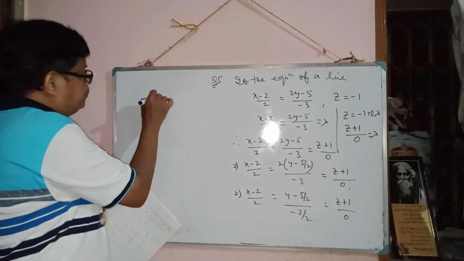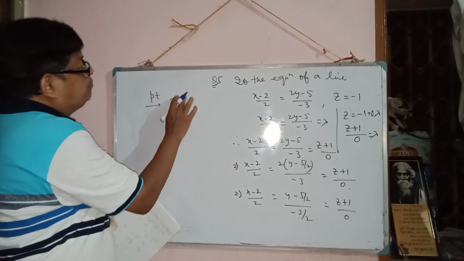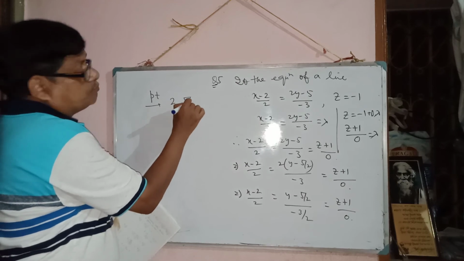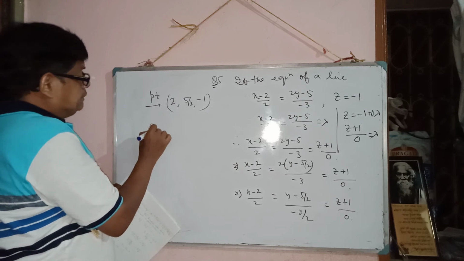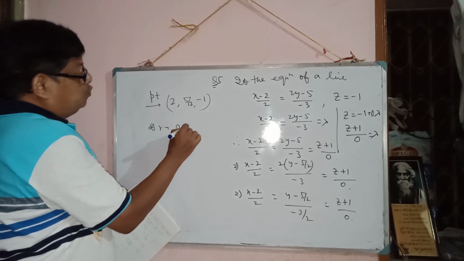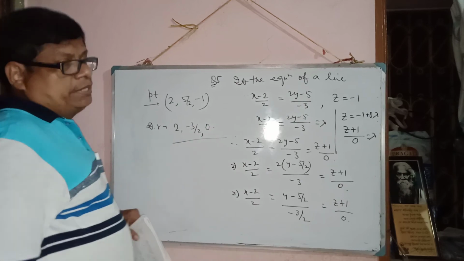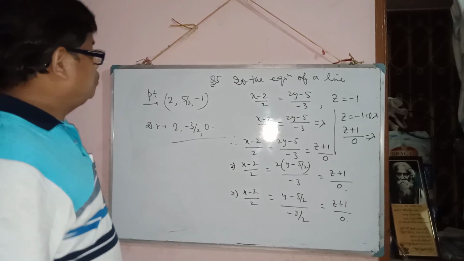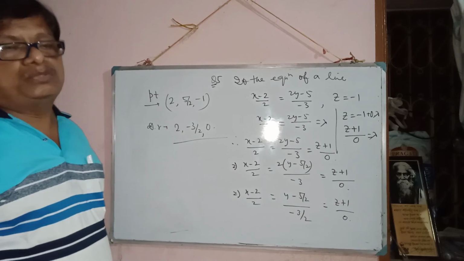So the point you have to write is 2, 5 by 2, minus 1, and the direction ratio is 2, minus 3 by 2, 0.